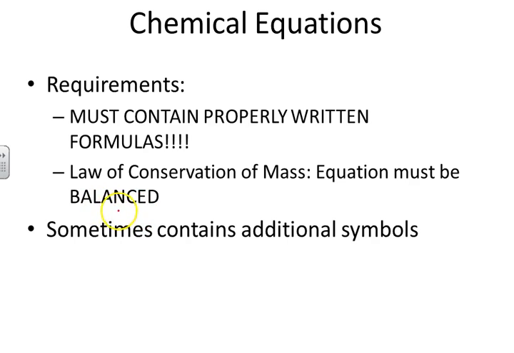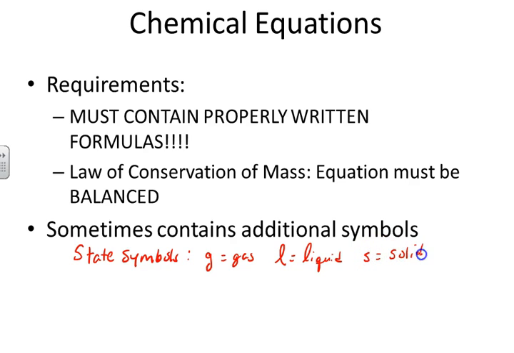Most of you probably did some balancing in physical science. Sometimes chemical equations also contain other symbols, and state symbols are important. State symbols include g for gas, l for liquid, s, sometimes c, for solid, and aq for aqueous.